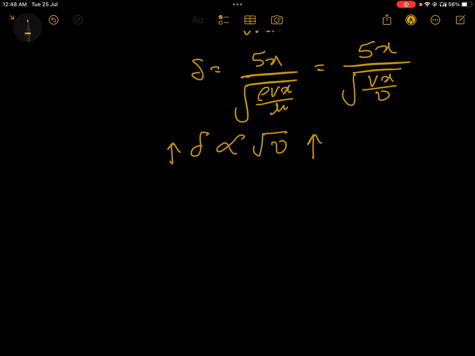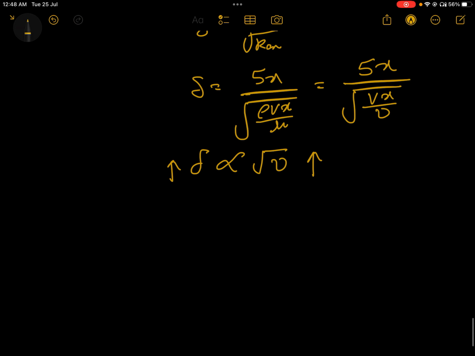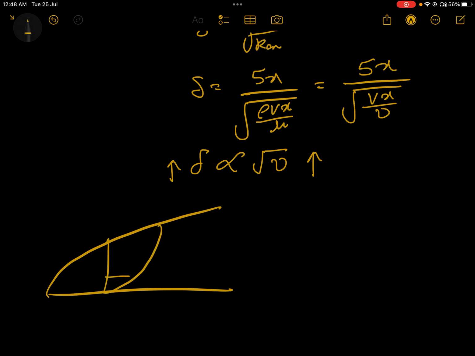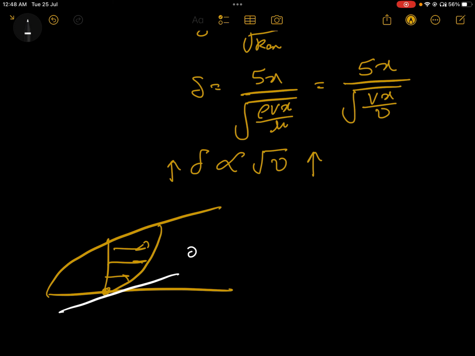Fine. So one thing I can also show from this equation is that if we have a boundary layer, and this is the velocity profile of u, then at the location y is equal to 0, the gradient del u upon del y at y is equal to 0 is what?